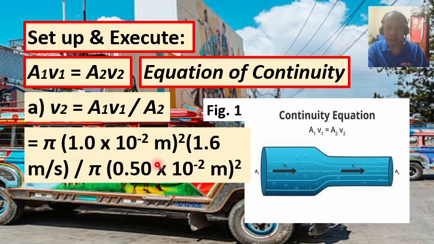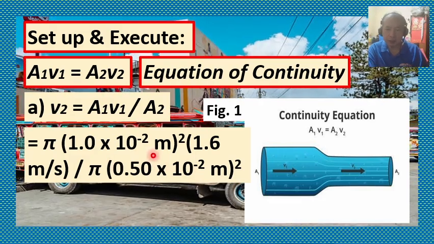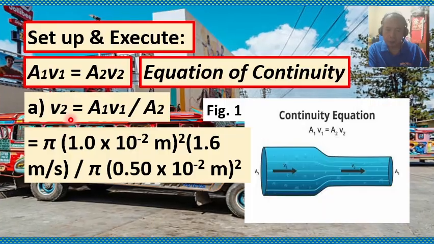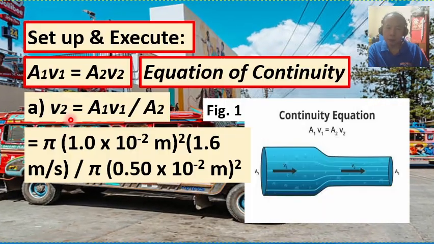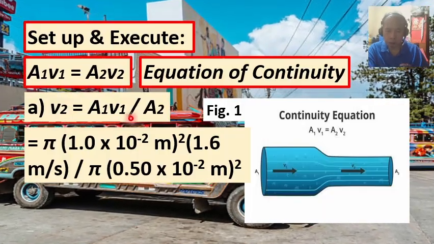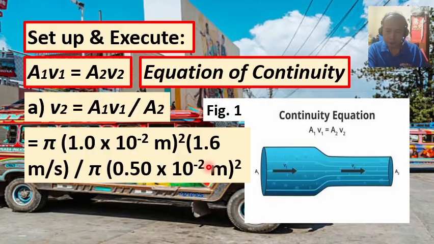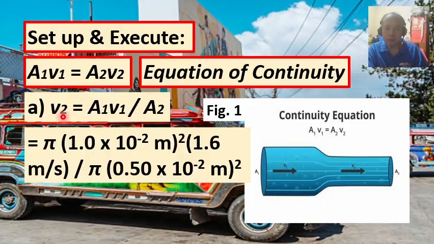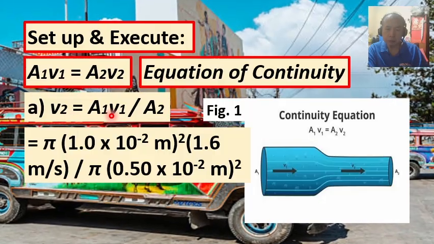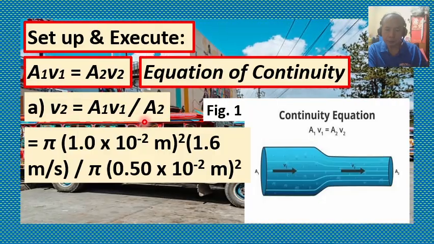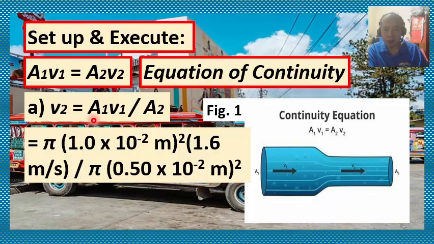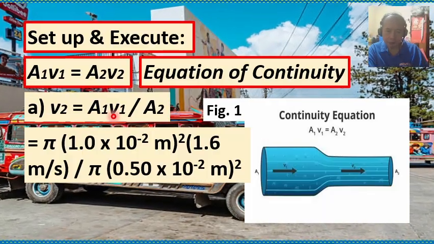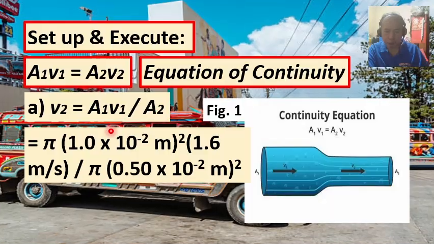We can actually predict what we call the water flow speed V2, based on the relationship of V2 with capital A sub 1, V1, and A sub 2.